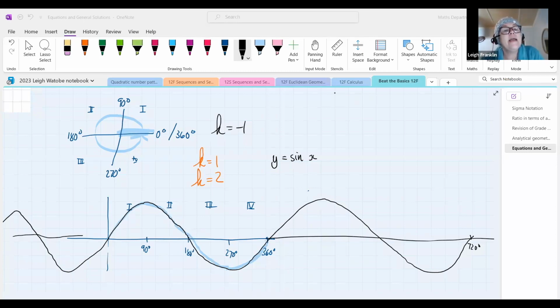Instead of me going in an anti-clockwise direction, now I'm going in a clockwise direction. Okay, that allows me to go back in this direction over here. Okay, so that's what K represents. K is an integer, and it tells you how many times the graph is going to repeat itself, either moving forwards from 0 getting bigger or from 0 getting smaller.